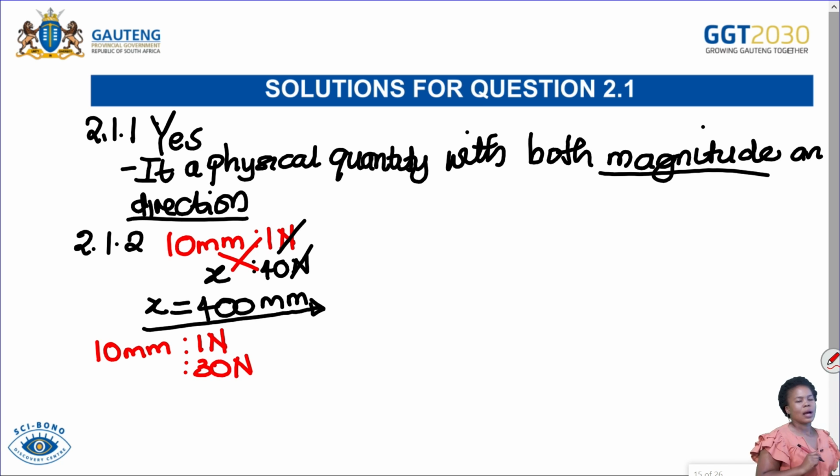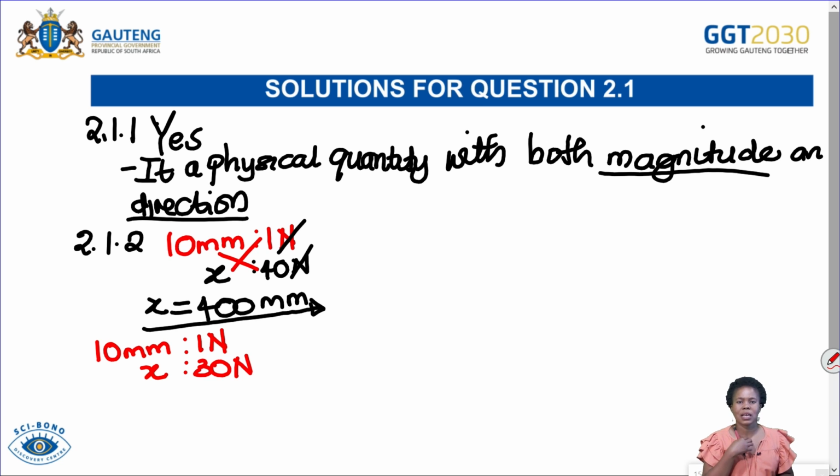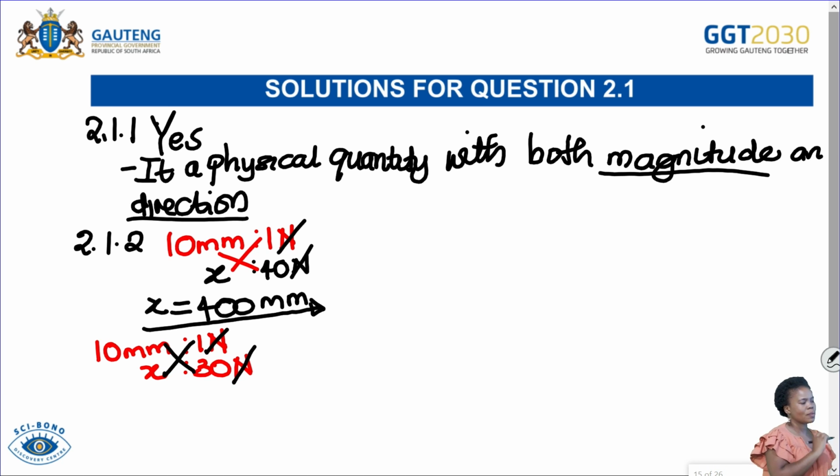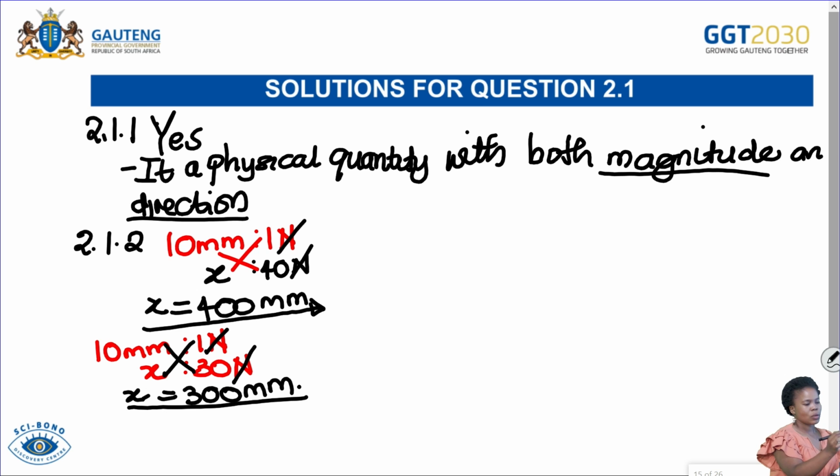I put an x because I'm trying to figure out how many millimeters I should be putting onto a piece of paper. So we cross multiply, but before we do that, we cancel out the units that are the same. Newton will cancel another newton, and then I can cross multiply in peace. 1 times x gives you x, which is equal to 10 times 30, which gives you 300 millimeters. So this is what we have.